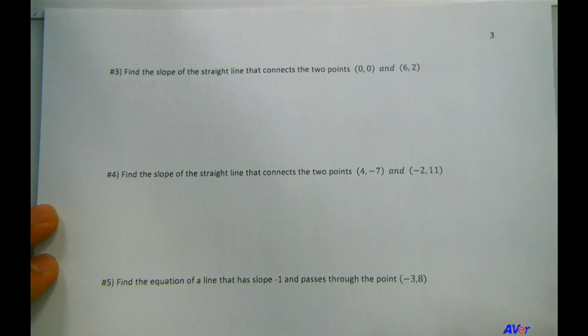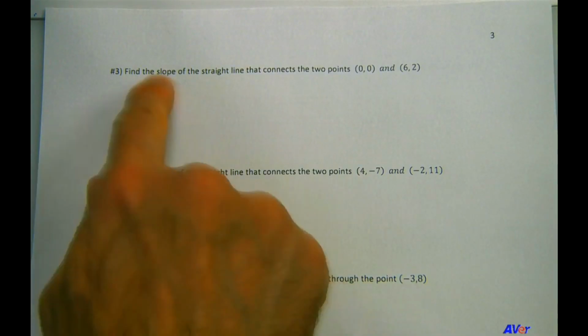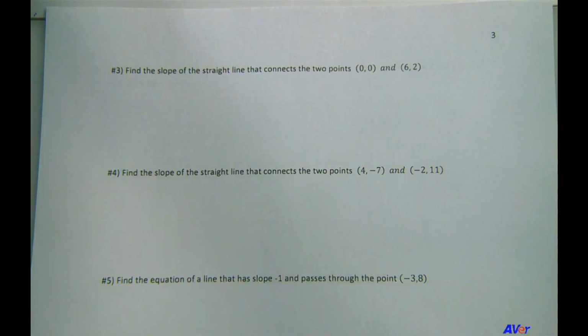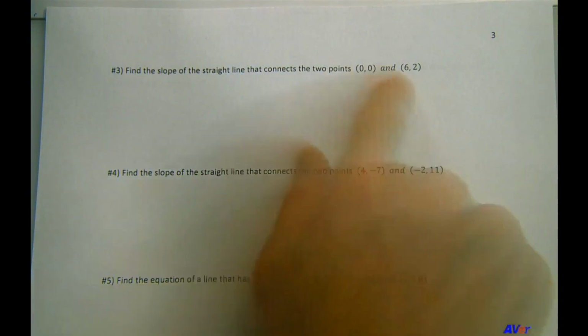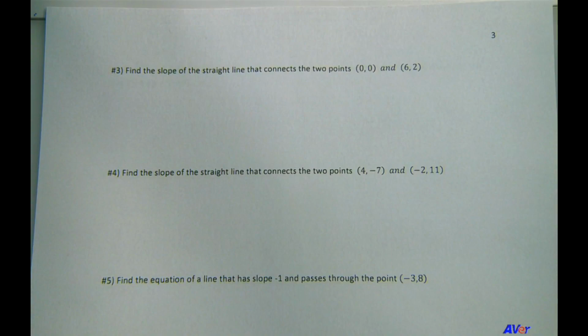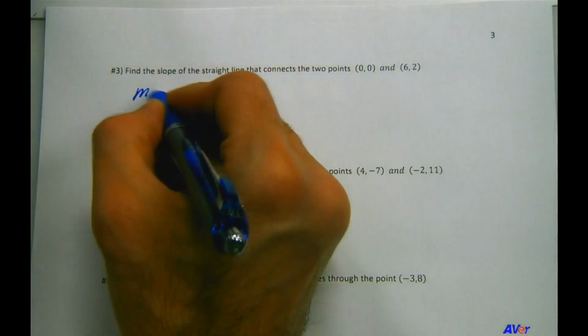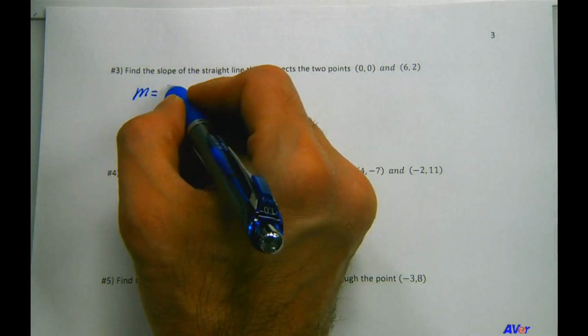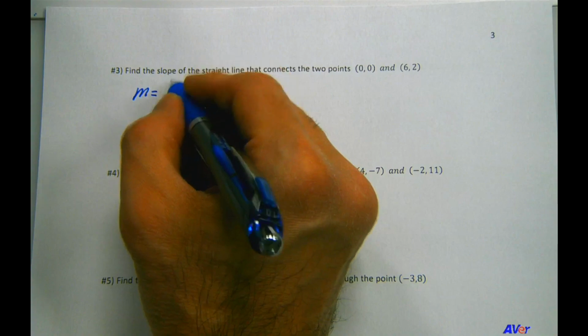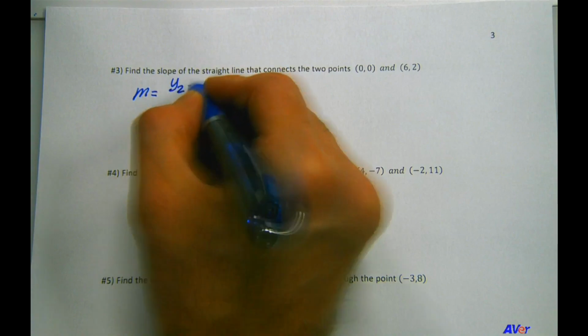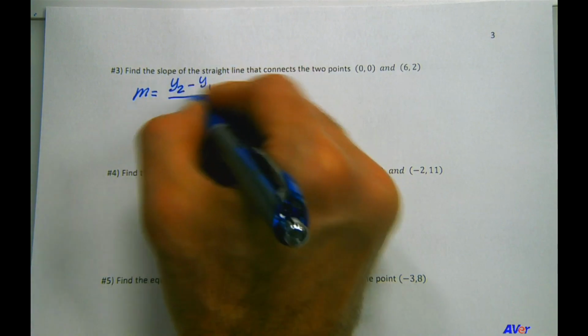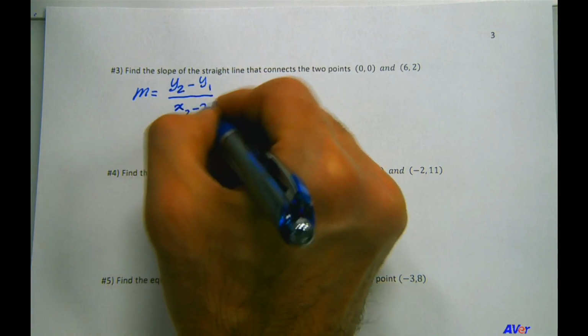Suppose now, let's go through this series of examples. This one says, find the slope of the straight line that connects these 2 points. Okay, so let's do that. So we know that the slope formula is equal to, we've been using y1 minus y2 over x1 minus x2, so let's use y2 minus y1 over x2 minus x1.